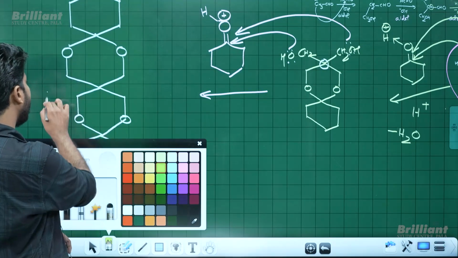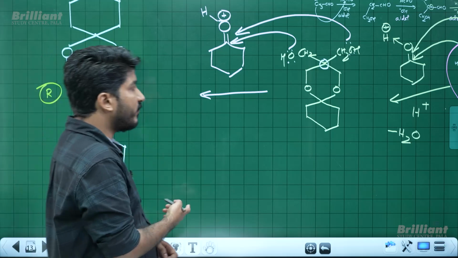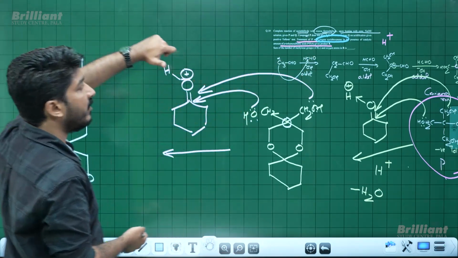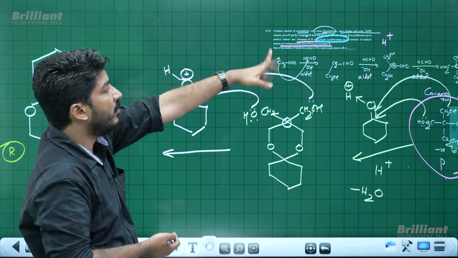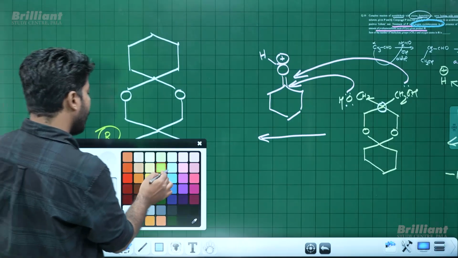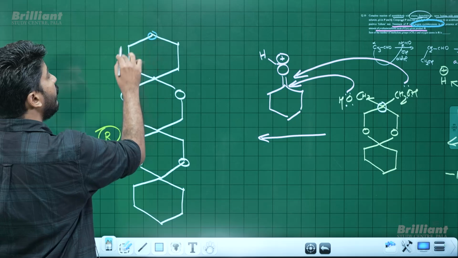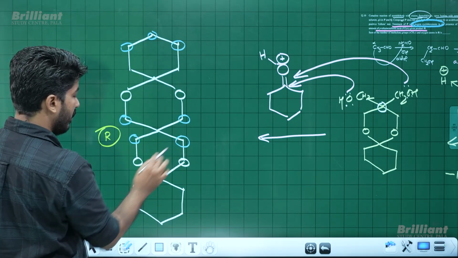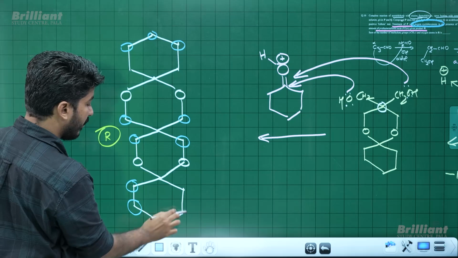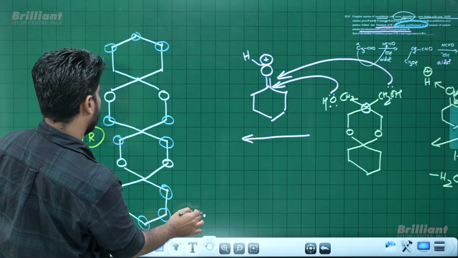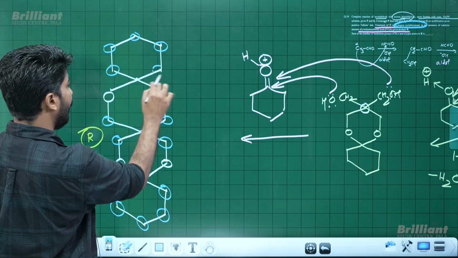So we identified R, we can see methylene groups and oxygen atoms also in R. So let's take a total count of methylene groups and oxygen atoms. Methylene groups, if you count 1, 2, 3, 4, 5, 6, 7, 8, 9, 10, 11, 12, 13, 14.